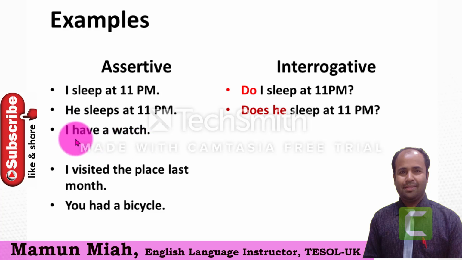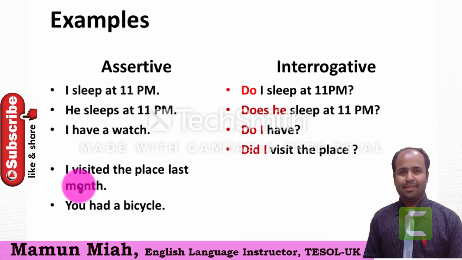Here is also base form, and that is why: do I have a watch? And later on, look, I visited the place last month. The verb visited, past simple form. That is why here would be, did I visit? Okay? Did I visit the place last month?